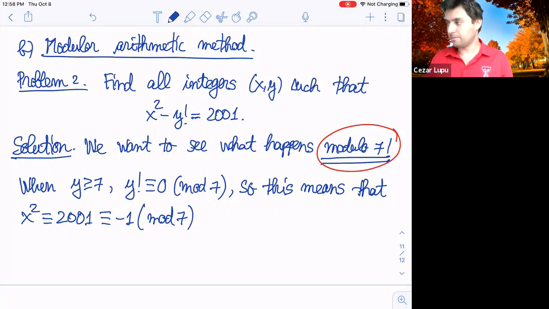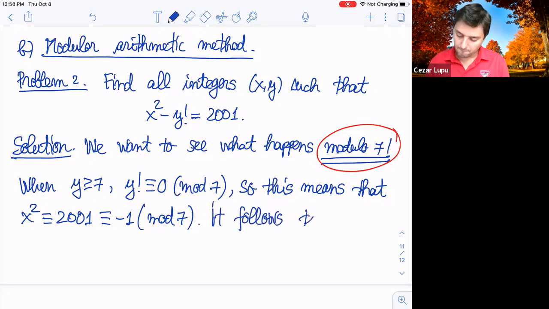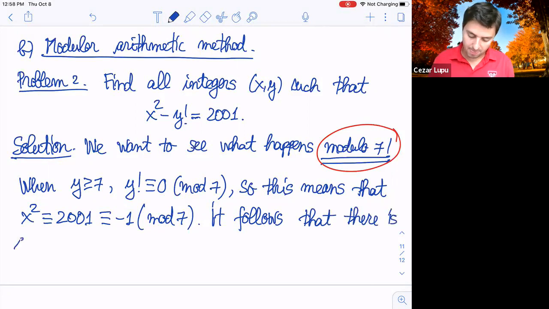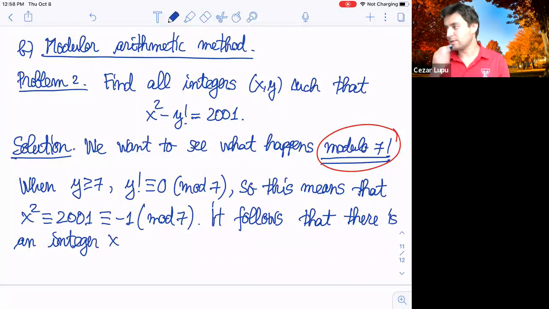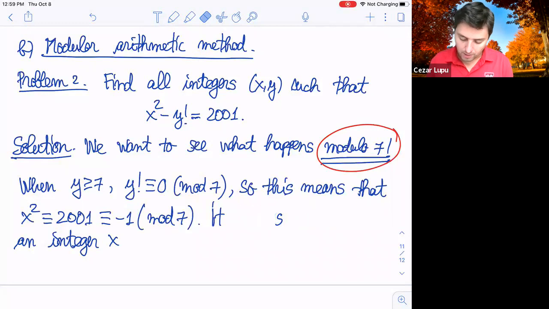So I know at this point that x squared is congruent to -1 mod 7. Let me rephrase it.